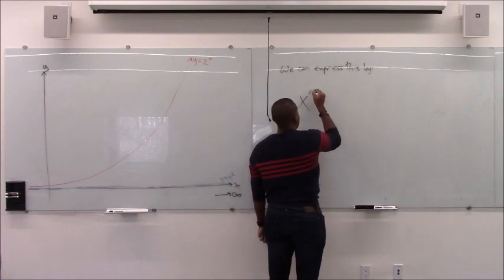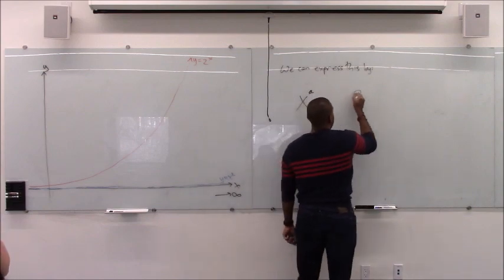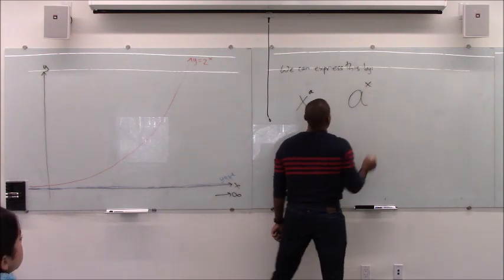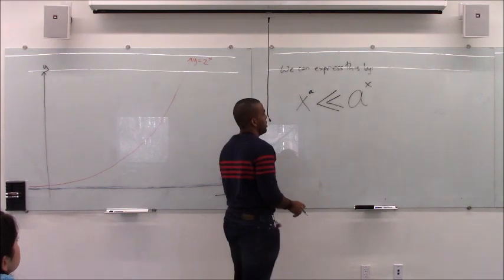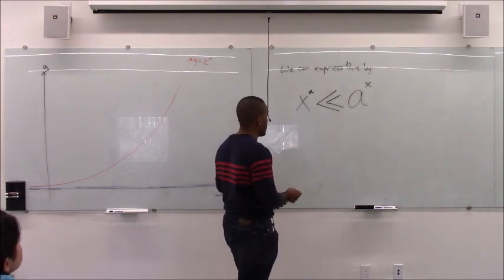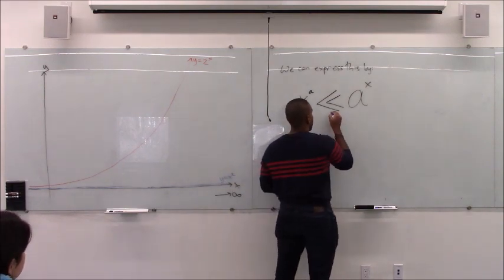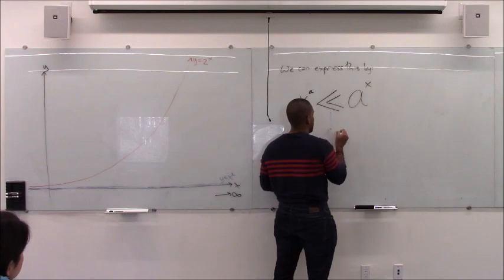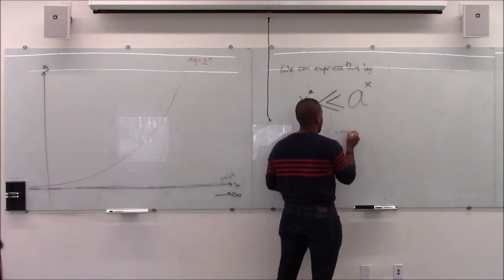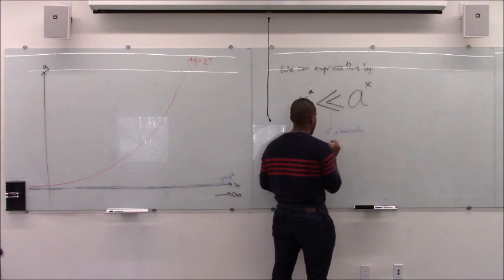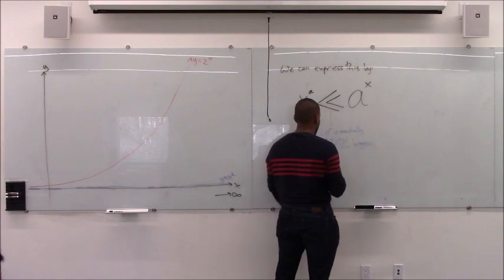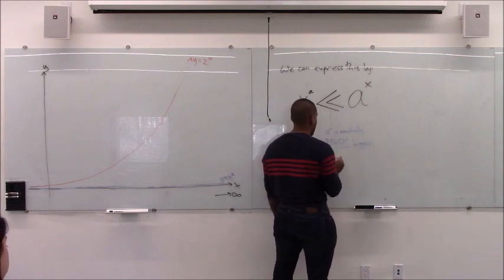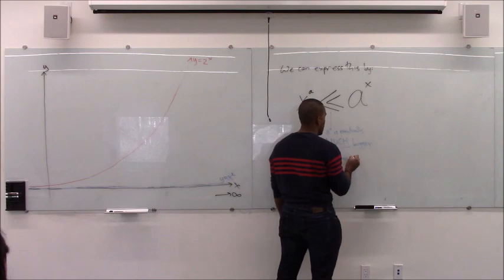If you compare x to the a with a to the x, then I can use this symbol to say a to the x is eventually much bigger. A to the x is eventually much bigger for large x values.